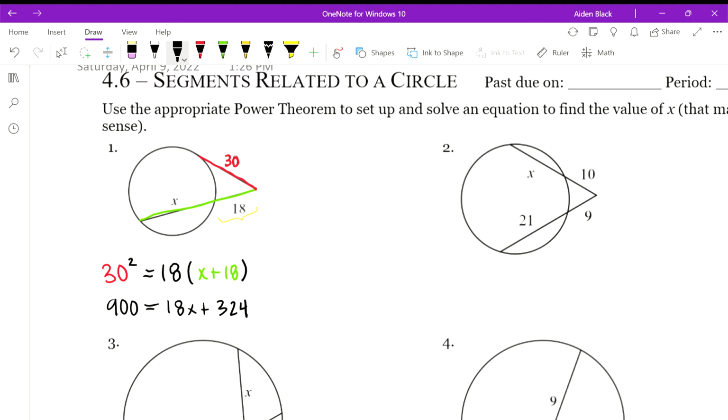We get 576. Okay, so 576 is equal to 18x. We divide both sides by 18. We get that x equals 32.